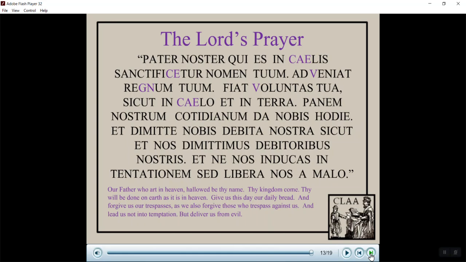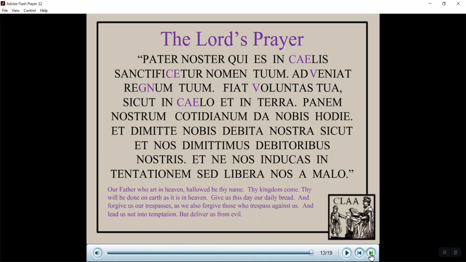Pater Noster, qui es in celis, sanctificetur nomen tuum, adveniat regnum tuum, fiat voluntas tua, sicut in cielo et in terra.